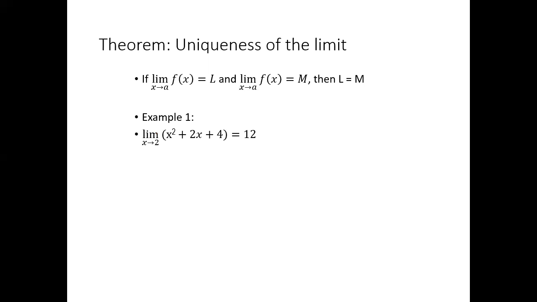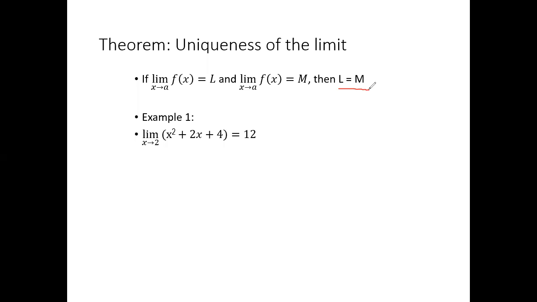We say that the limit of a function should be unique, in the sense that if the limit of a function is approaching, say, a value L, and for the same function you evaluate the limit and it is equal to a certain value M, then we cannot have two limit values, which means that L must be equal to what? M.